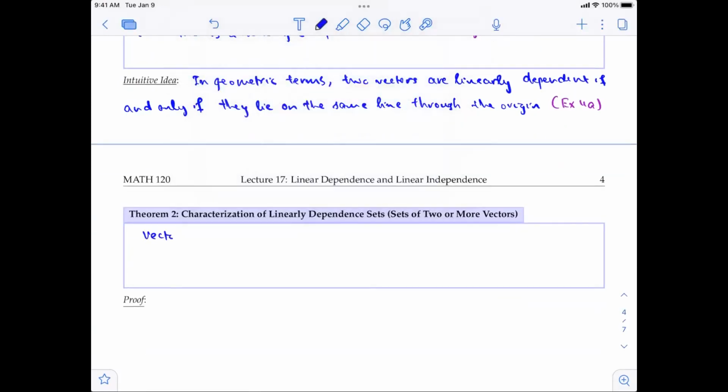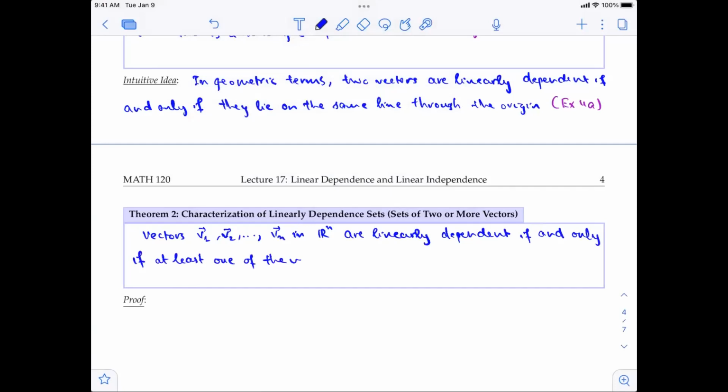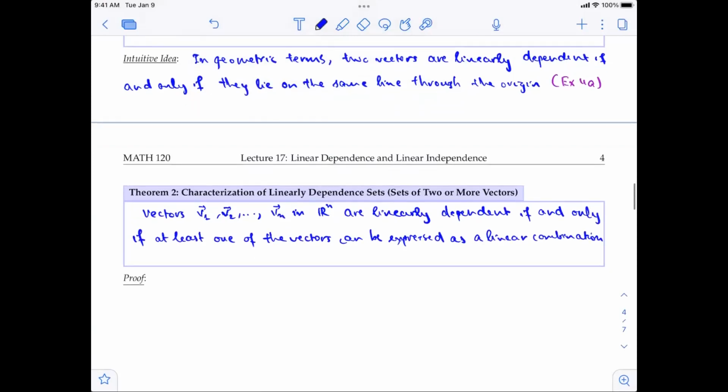So vectors v1, v2, up to vn in Rn, right, so you have n vectors in n dimensions, are linearly dependent if and only if at least one of the vectors can be written as a linear combination of the others.